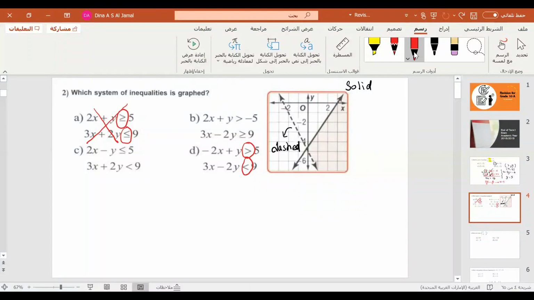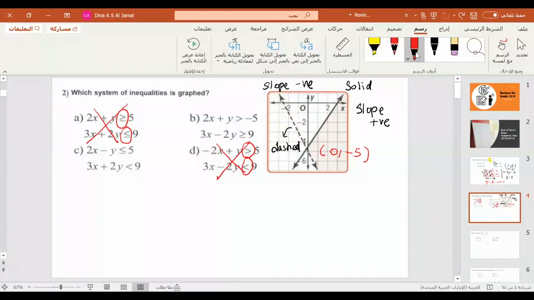But here we have one solid and one dashed, so cancel option D. Now we are only left with options B and C. You have to know that the solid line should have a positive slope, the dashed line should have a negative slope, and both of them will have a y-intercept of (0, -5).